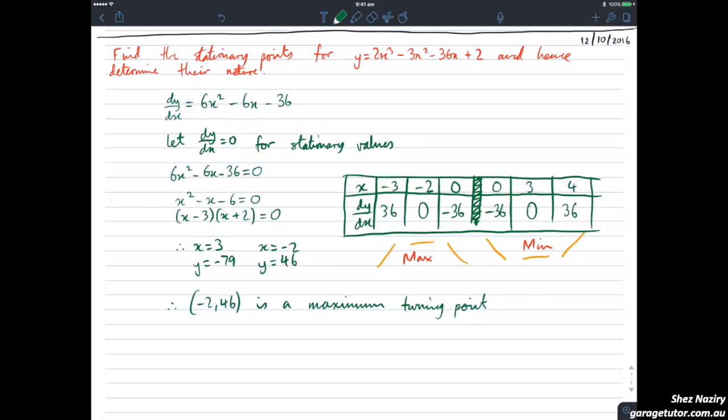Yeah, because of symmetry, the values come out the same. Look, I only moved one space there. It's symmetrical, so you get the same values. Alright, negative 2, 46 is a maximum turning point, and 3, negative 79, because I got 3 here, see that? Is a minimum turning point.